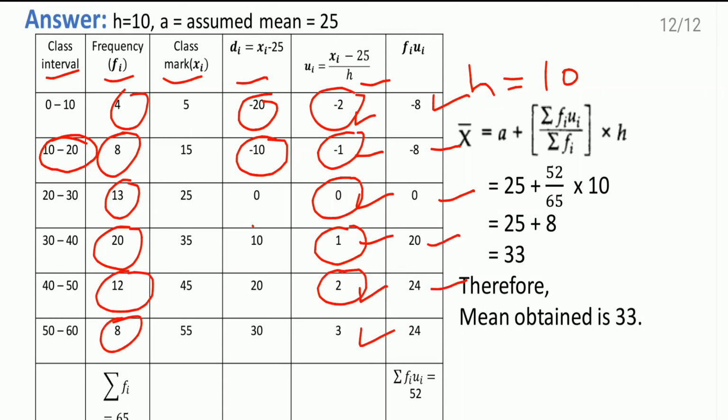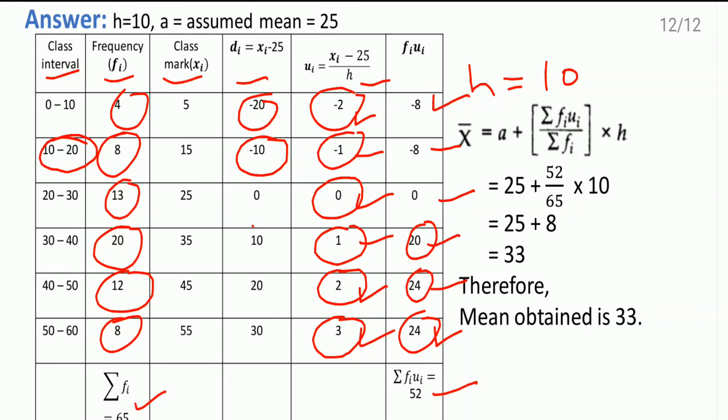And 8 into 3, which comes as 24. Now once again you see, the sum of minus 8 and minus 8 becomes minus 16. And here 20, 24 and 24, these three values, make 68. 68 minus 16, our answer comes as 52. And the sum of the frequencies is 65.